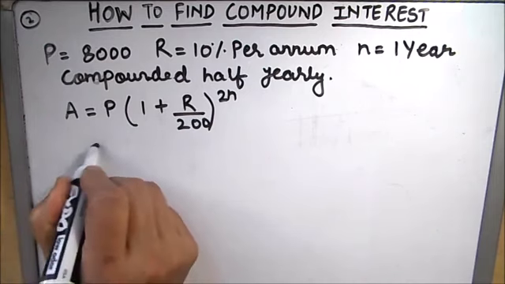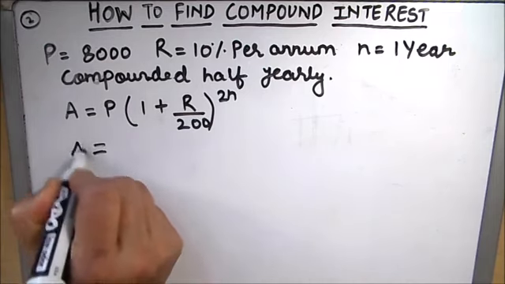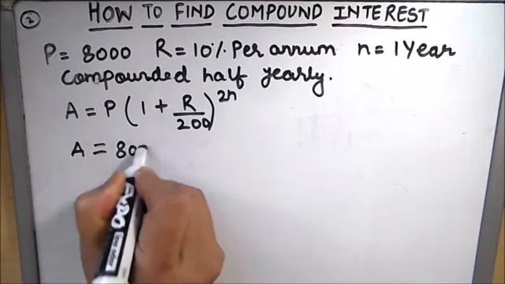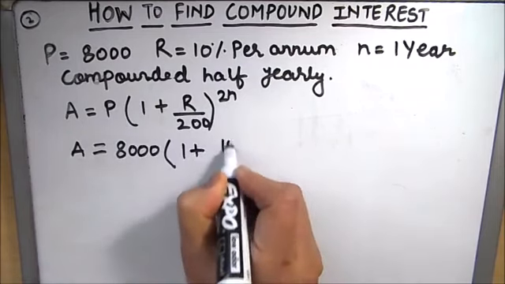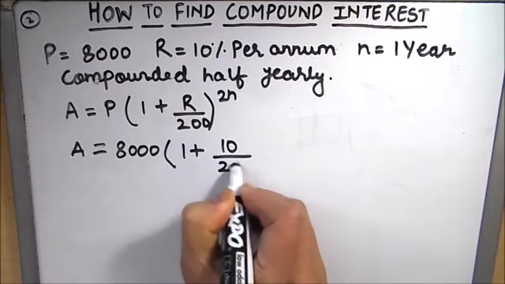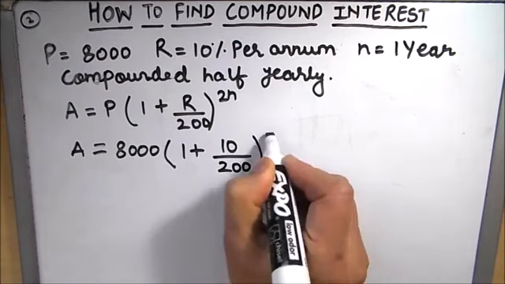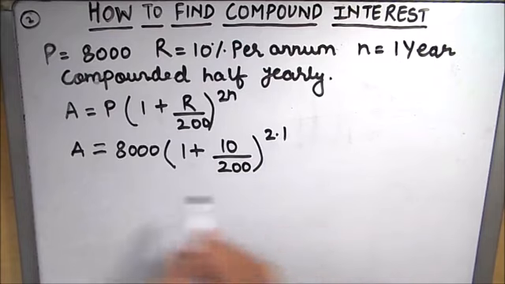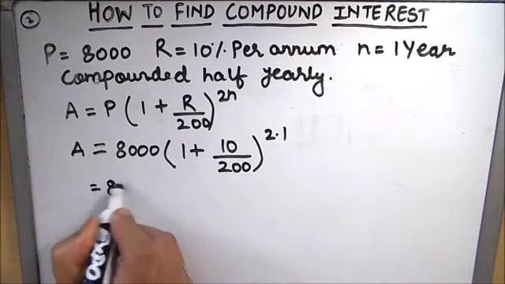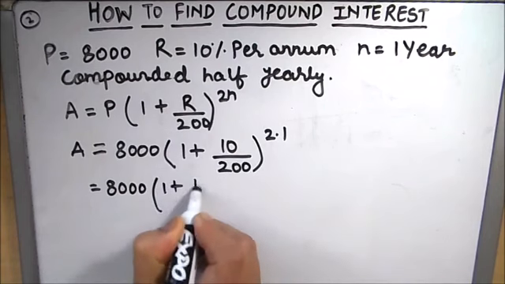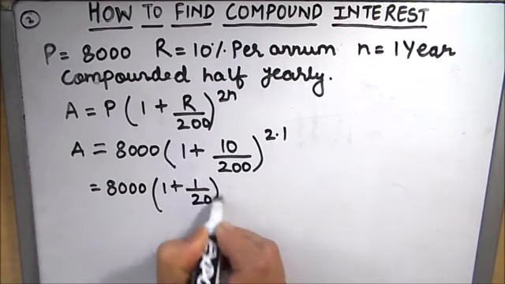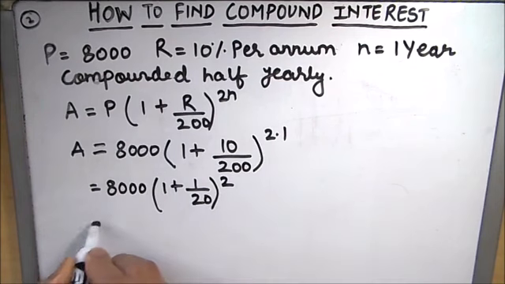So this is our formula for the amount when compounded half yearly. We'll substitute the values here. So 8,000 times (1 plus R, which is 10%, over 200) raised to power 2 times 1. So this will become 8,000 times (1 plus 1 over 20) raised to power 2.